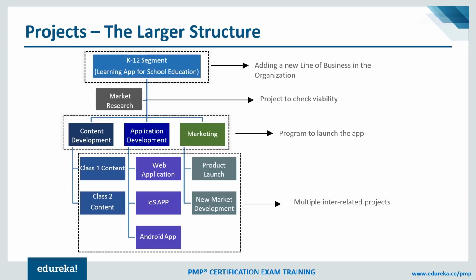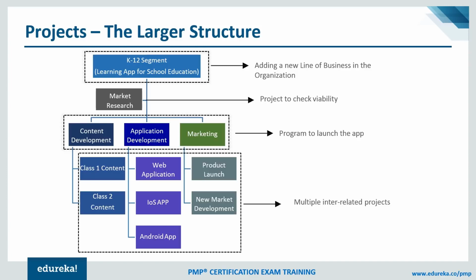They will also have to ensure that the content that they are preparing actually fits into the requirement given to them by the application development team. And Android app, iOS app, web application, Windows phone, different teams working on the different projects, they will also have to ensure that there is some amount of synchronization between their projects. So you can see there is a high level of interdependency. This is all governed and controlled at one level higher, or this alignment is governed at a program level.